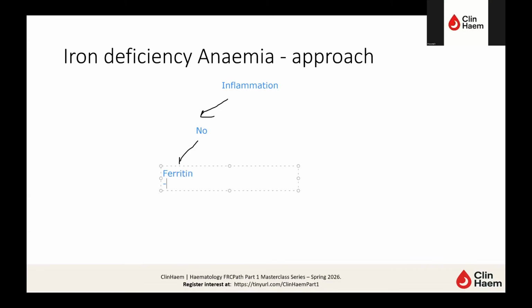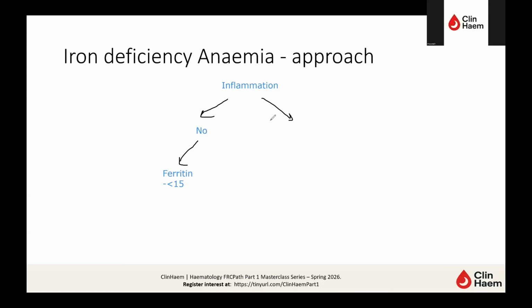If it is low, and guidelines suggest 15, then it suggests iron deficiency anemia. Otherwise, if it's raised in the absence of inflammation, look for other causes. There are some other international guidelines that suggest higher thresholds, and the guideline also says to follow your local lab. But for the exam, of course, you're supposed to stick with the BSH guideline.